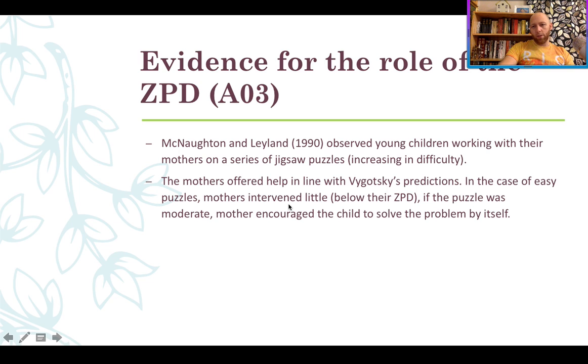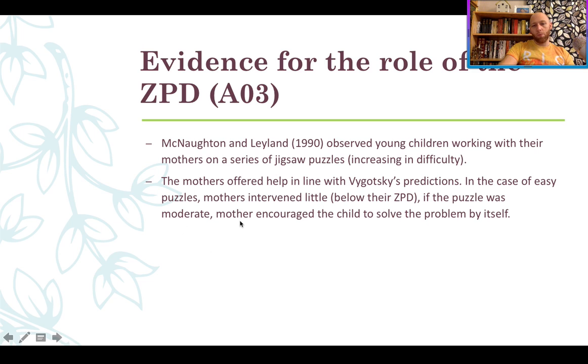Wood and Middleton observed young children working with their mothers on a series of jigsaw puzzles in increasing difficulties. The mothers offered help in line with Vygotsky's predictions. In the case of the easy puzzles, mothers intervened little because the task was within their zone of proximal development or below it.